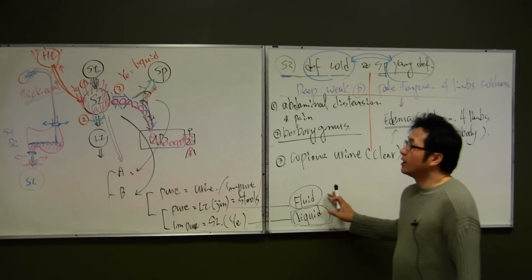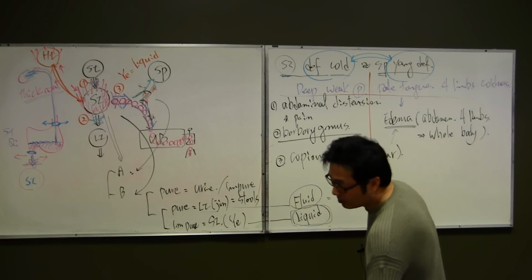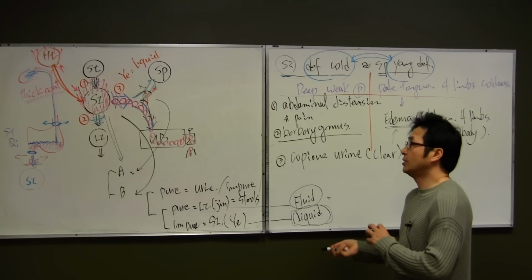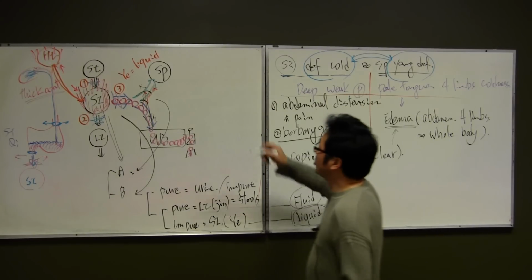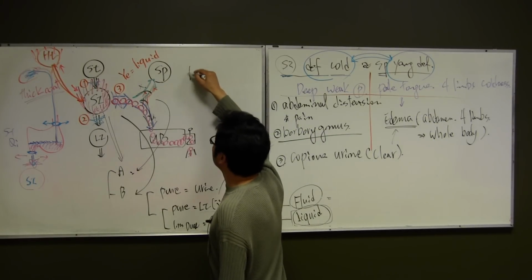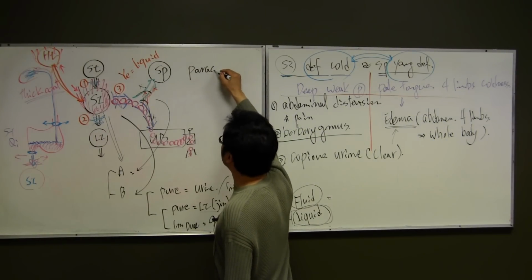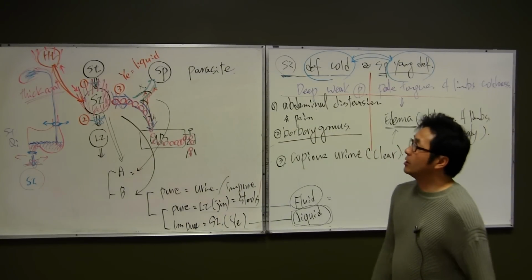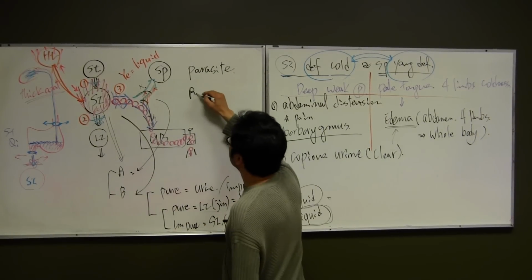But anyway, this is one thing, and you also have to understand the small intestine function in TCM. The small intestine is a good place for parasites to live. There are many different types of parasites, especially roundworm.